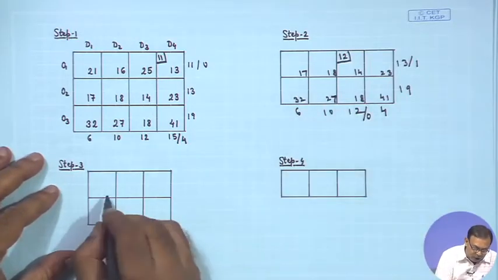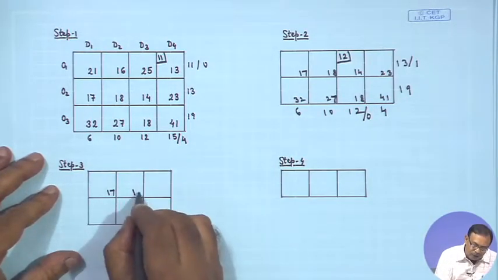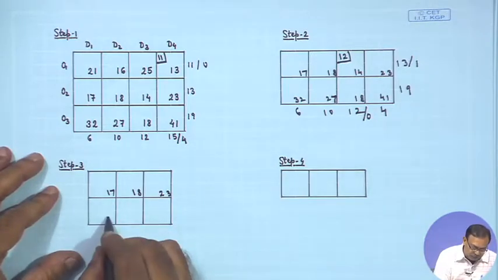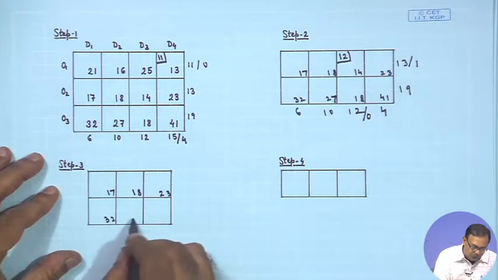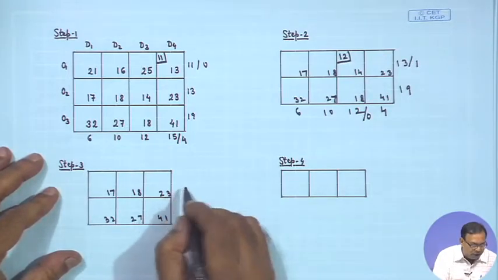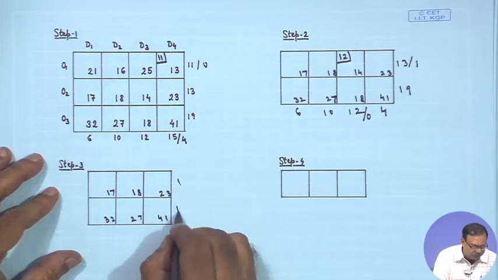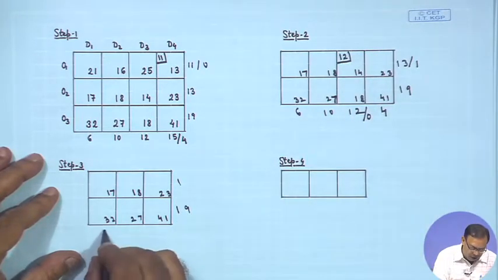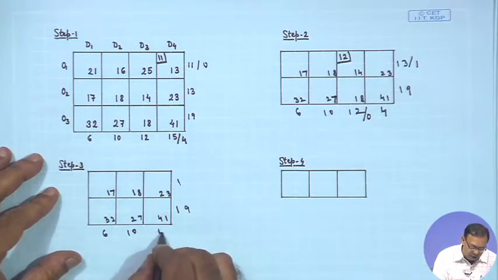So, in the next one, from here it will be 17, 18 and 23, then 32, 27 and 41. In this case it will be 1 and 19, here it is 6, 10, this column will not be there, and 4, 6, 10 and 4.